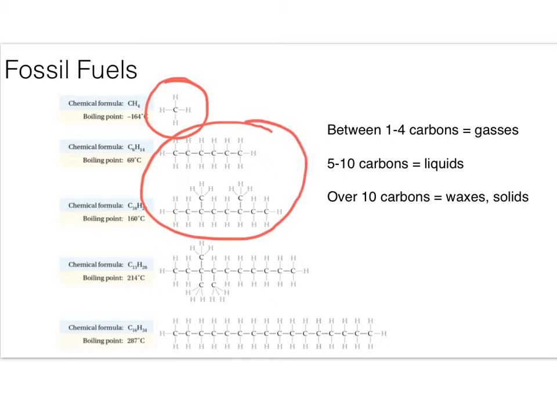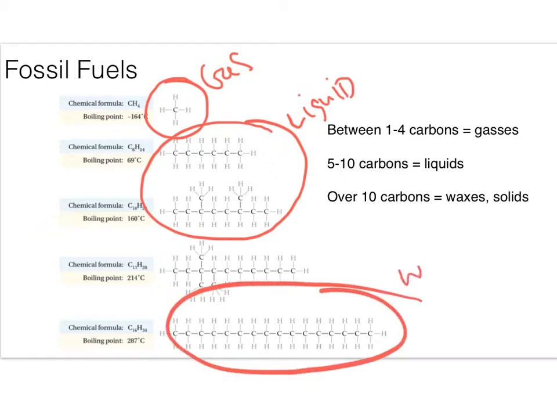Now you go from gases to a liquid. So this is a gas, and this is more like gasoline, a liquid. And then as you get to really quite large things, you're talking about waxes, used in asphalt, in paraffin, or in candle making.